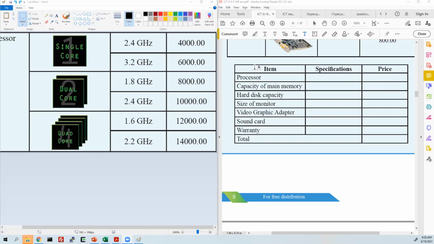I got the answer from Dhananjay. Right, can you select the type? Can you select the speed and then the price, please? You have to write down in your book, right? So you have to put this table: item, specification, and price. And once you finish the exercises, you are supposed to send it to me as a WhatsApp message. Finished. I'm waiting for Netmita's answer.